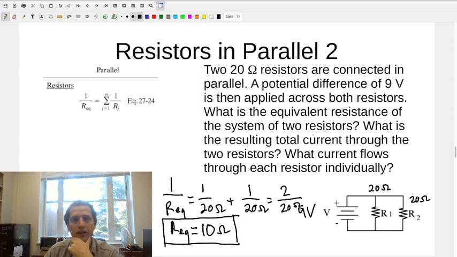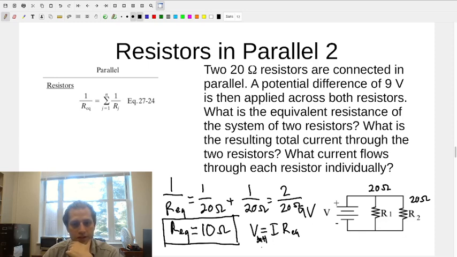Well, in that case, you might go ahead and use your V equals IR, where I then would be the current coming out of the battery. So V equals IR, where V is the battery voltage and R is the equivalent resistance.